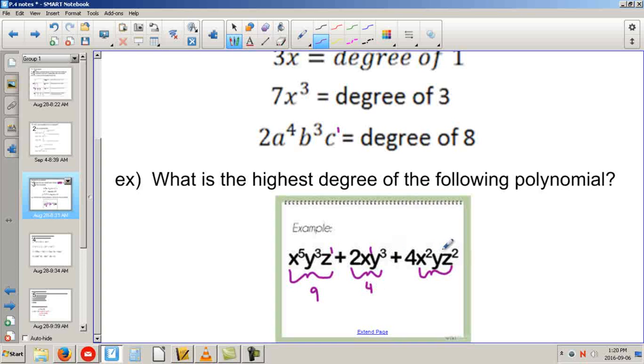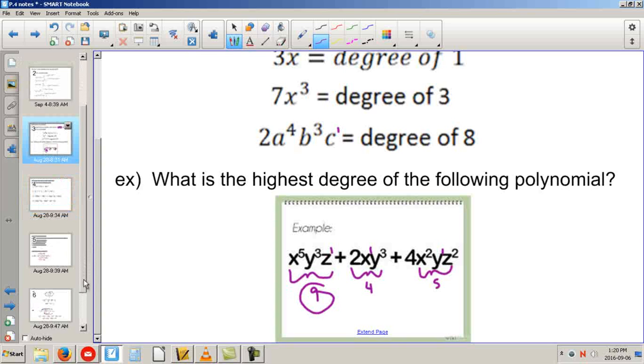This is 2, 1, and 2. That's degree 5. So the degree would be 9 in this problem. Again, once we really get into the problems, you're not going to see a lot of combined variables like this. They're not as common as you might think. But the degree is the highest exponent when you combine all the variables. Not the whole numbers, just the variables.